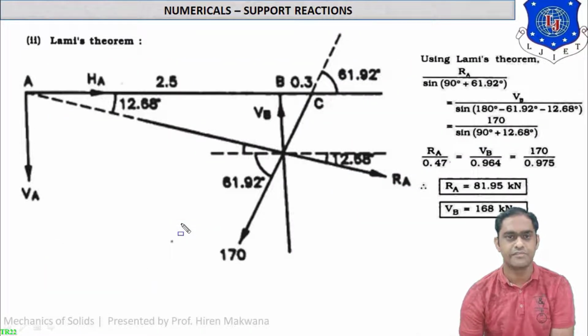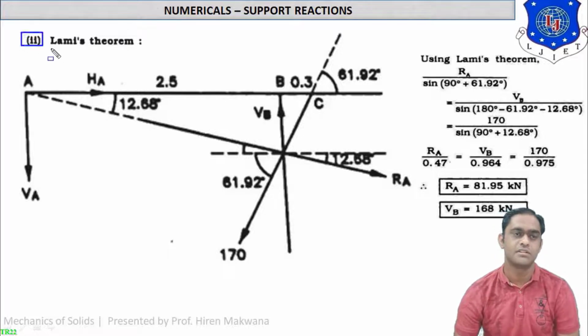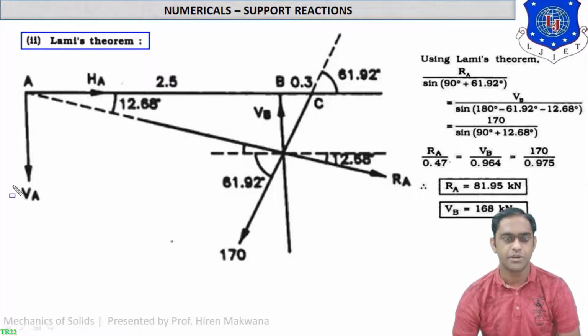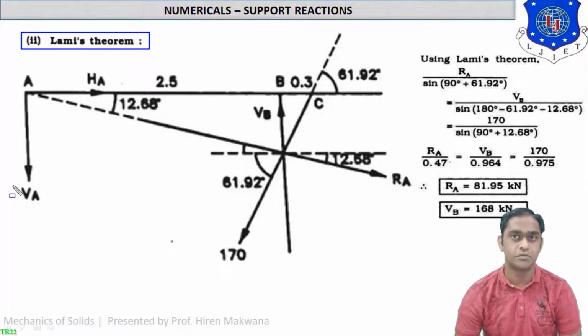Okay, so this is the figure of Lami's theorem. Now we are calculating the same numerical with the help of Lami's theorem. Check out, we will find these three forces. Please check in the figure. First one is VA, second one is 170. Actually 170 is coming down from the upward direction like this. Concentrate on the figure.